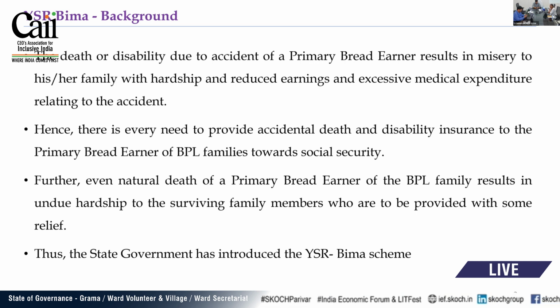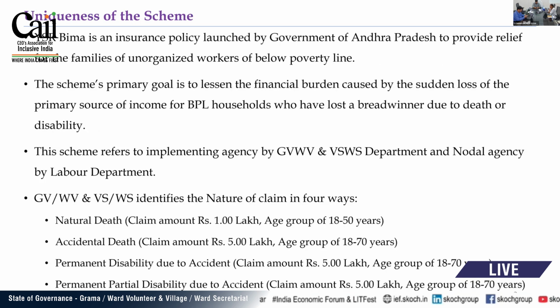So we identified 1.21 crore BPL families present across the state, and we have given the scheme free of cost. This insurance covers 4 types of death or disability: natural death, accidental death, permanent disability, and permanent partial disability.